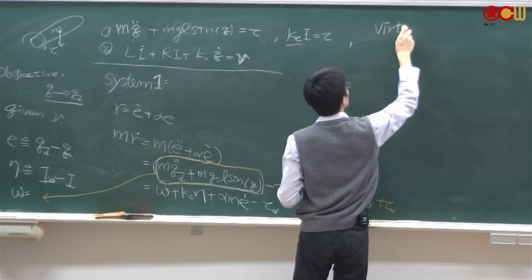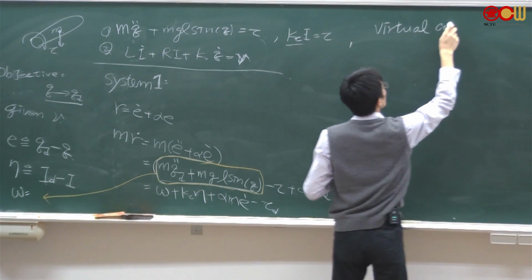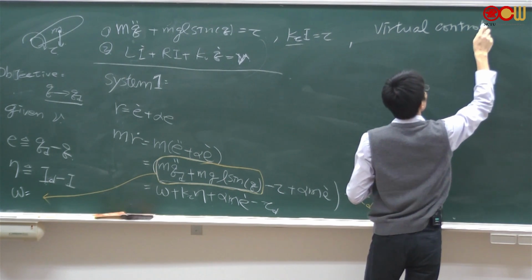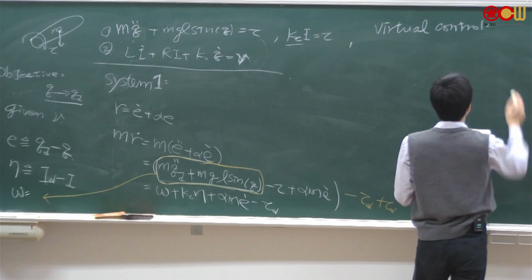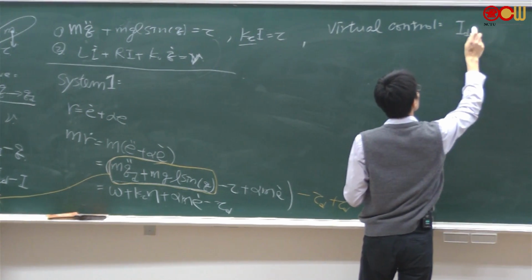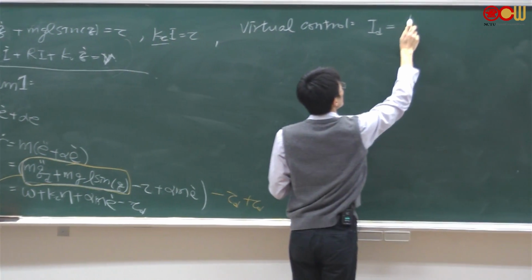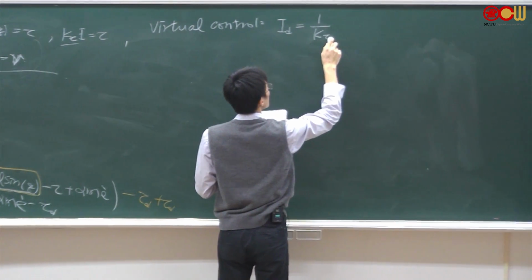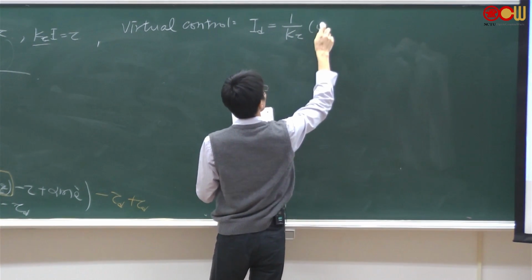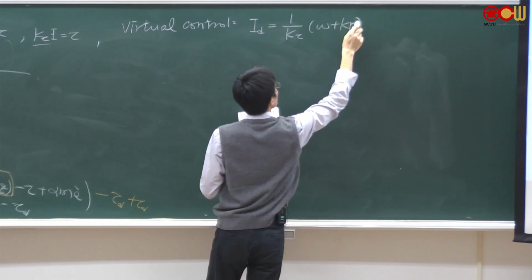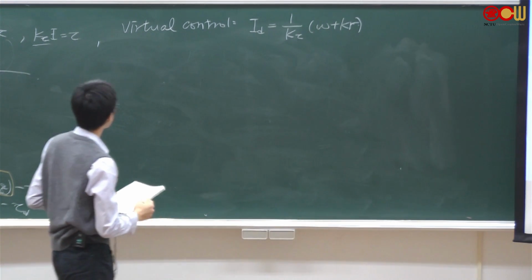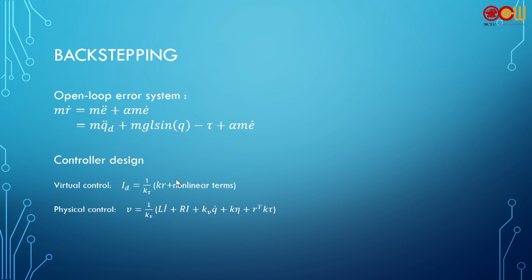The virtual control can be designed as I_D equal to K tau plus W plus K r. So W is used to cancel out this W. K r is the feedback term.